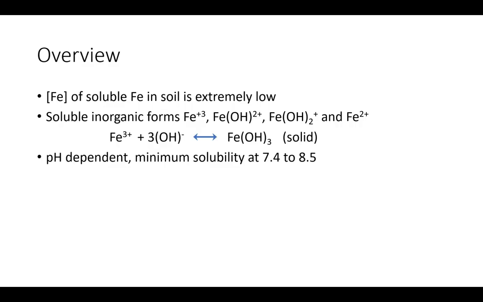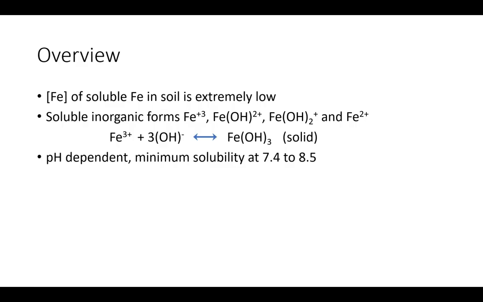This is pH dependent. Minimum solubility occurs at pH 7.4 to 8.5. Now, if we think about this, most of the soils we talk about, we want to be in a fairly neutral range, somewhere between pH 6.5 to 7.